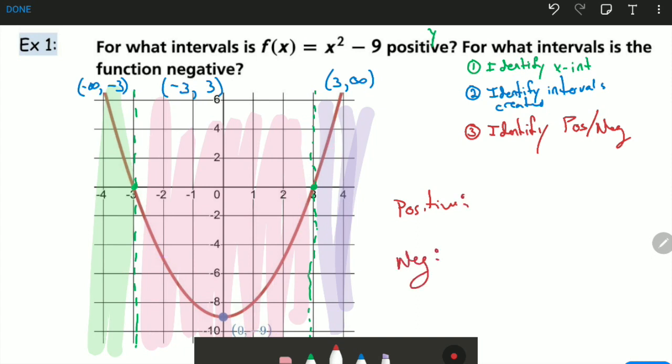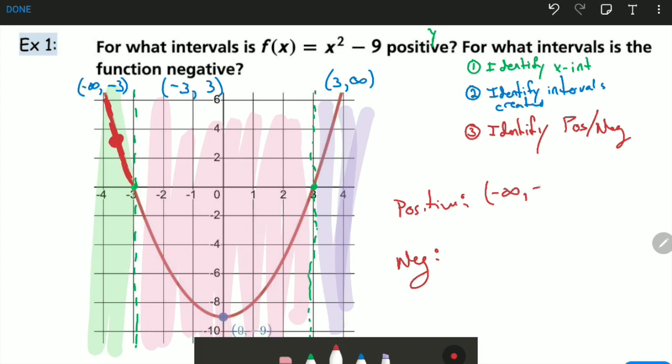So looking at the first interval, my graph is right here. I'm tracing over it a little bit darker. If we just take any one of those y values on that line as a sample, you can see that even right here, that y value is a positive y value. So that first interval is positive.